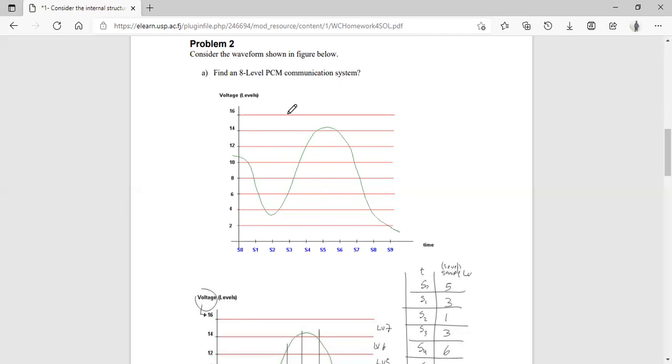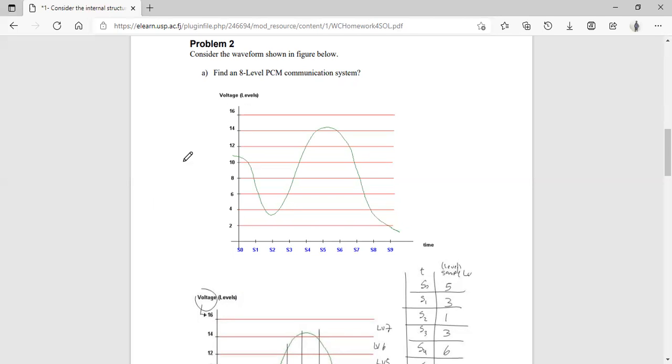The same thing happens in an ADC: if we have a 3-bit system to convert an analog signal into digital, that gives 2 to the power of 3 levels, so we'll have 8 different values ranging from 0 to the maximum peak value.